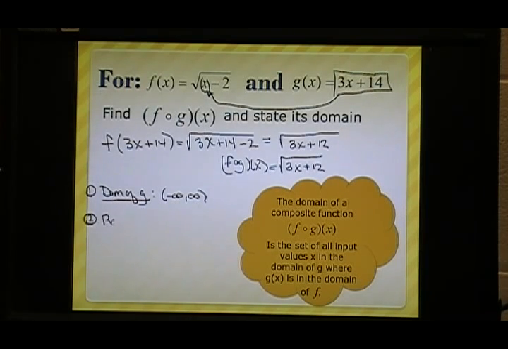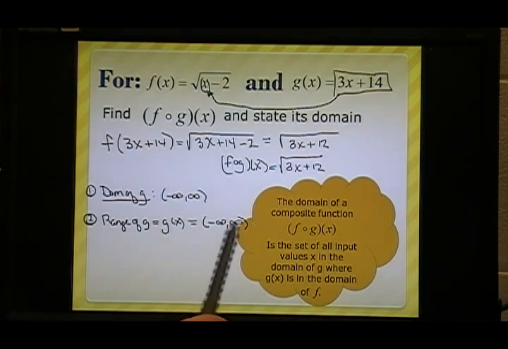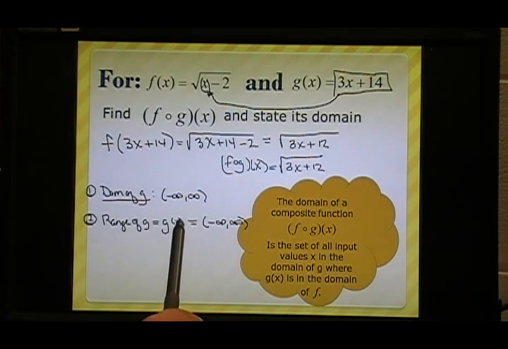The range of g, which is our g of x, is also any number from negative infinity to infinity. And so the question is, can I allow g of x to equal any of these numbers? Is it okay to put all of these numbers into my function f?